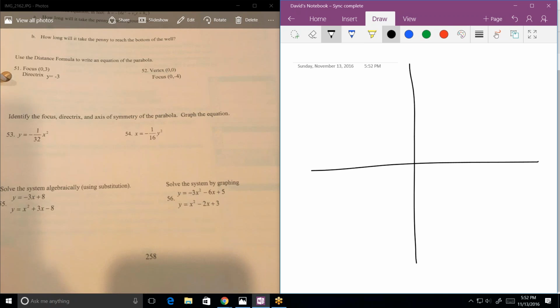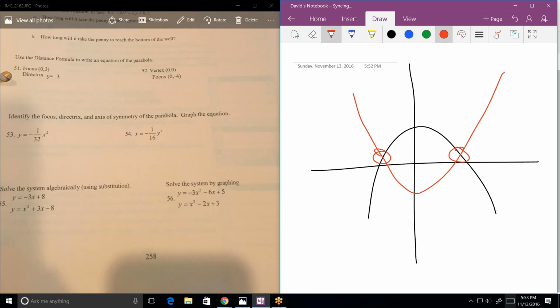Notice that we're looking at two quadratics. The top quadratic opens down, looking something like that. The bottom quadratic opens up. There's almost always going to be 2 points of intersection.